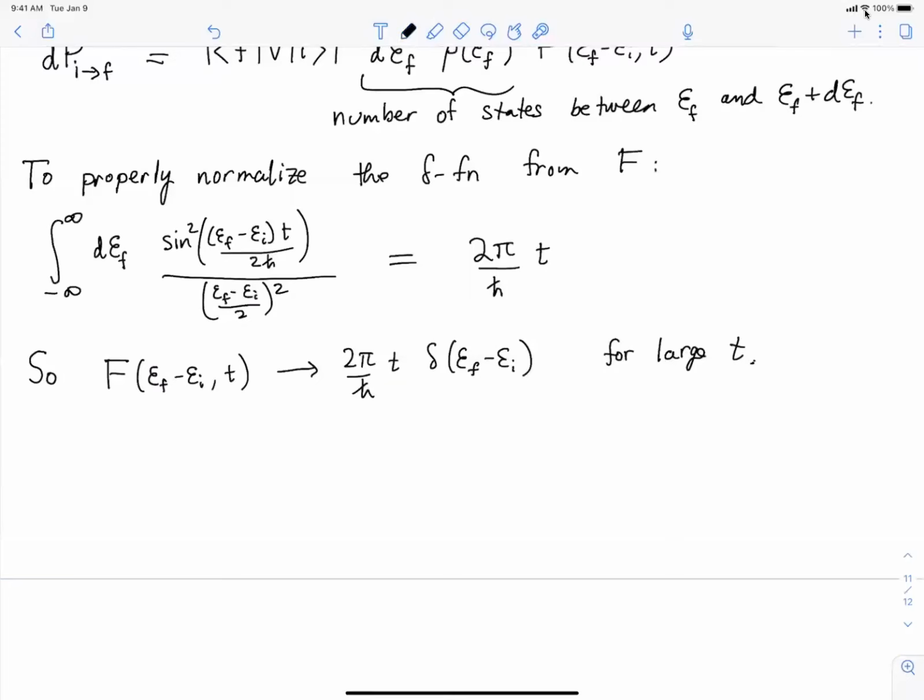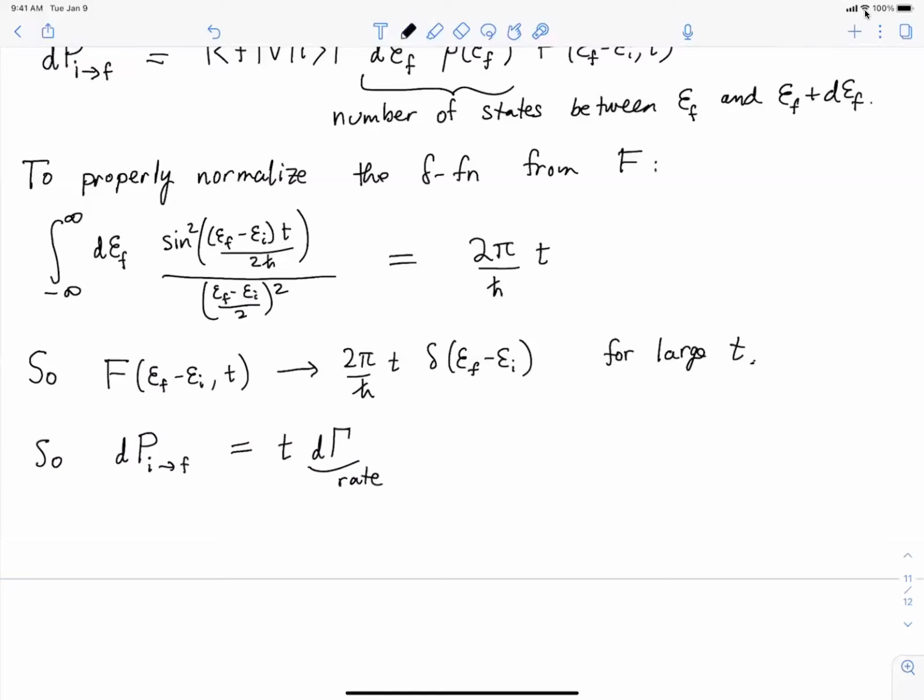So another way to say that is the differential contribution to the probability to go from the initial to the final state is t times a differential rate, which is traditional to call gamma.